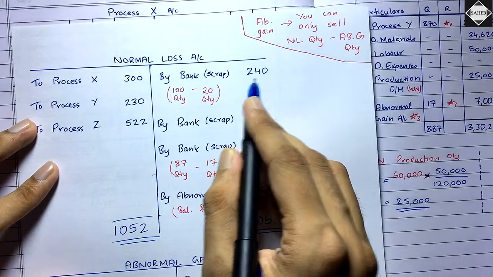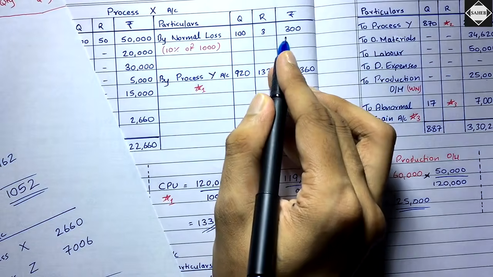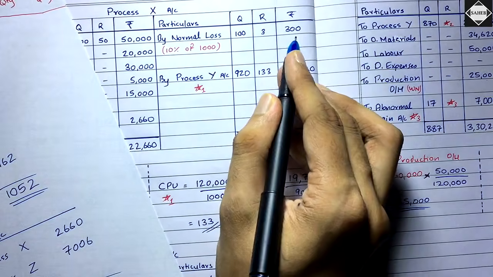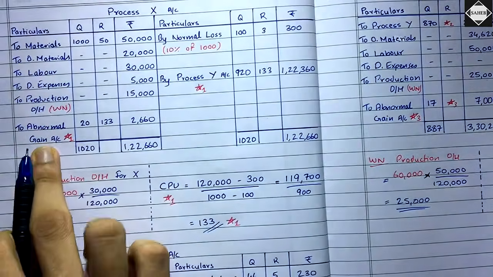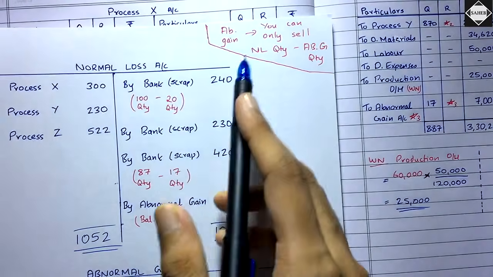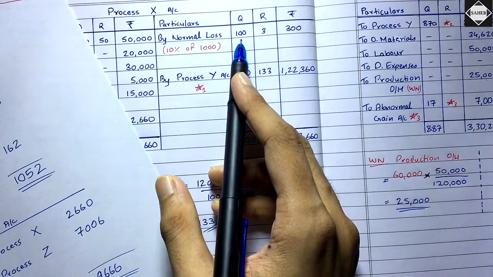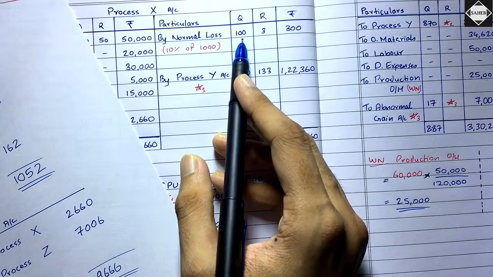So why did I get 240 over here? Here I have got 300, but this is an estimate. Always remember that these are estimates. Now what is happening in process X? In process X there is abnormal gain. Since there is abnormal gain, you cannot sell the entire normal loss quantity of 100, because 100 was the estimated figure.